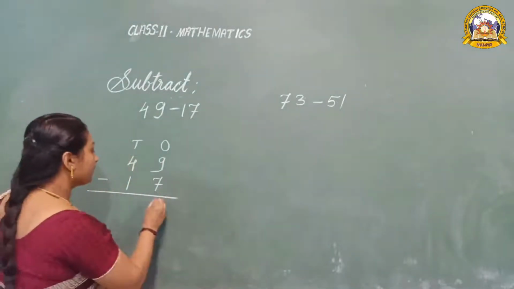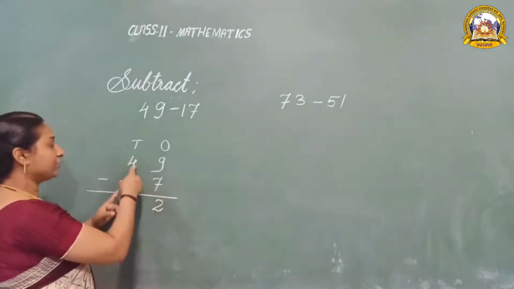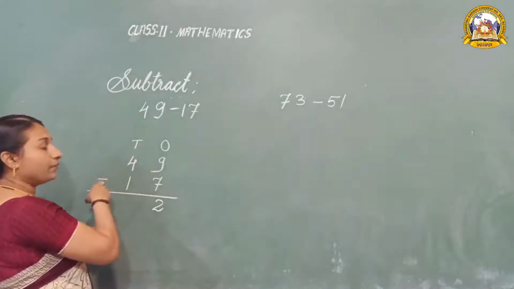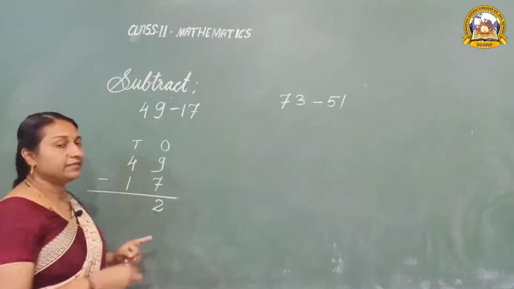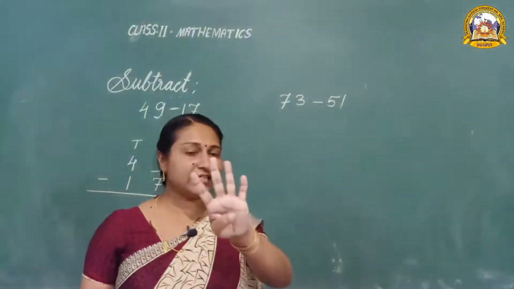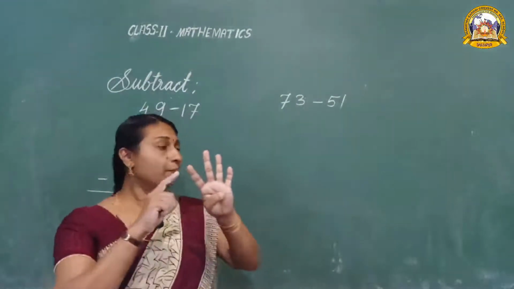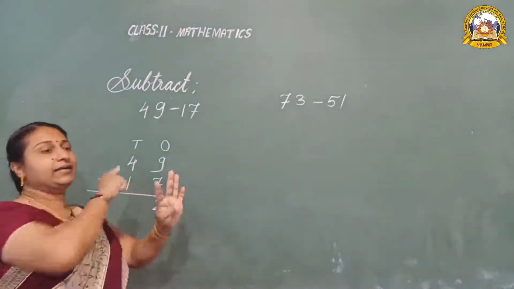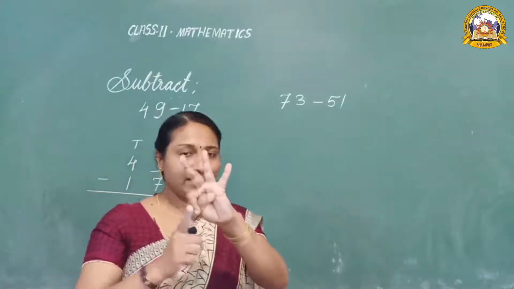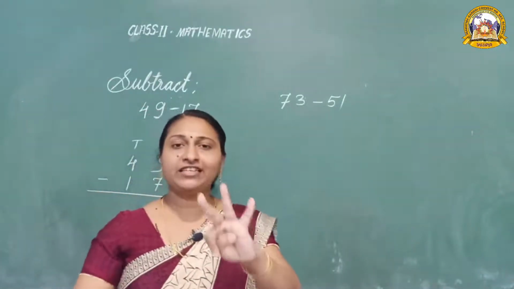Okay. 2. Next, 4 minus 1. 4 tens minus 1 ten. 4 minus 1. Take your 4 fingers. Yes. 4 minus 1. How many fingers are left there? Yes, 3 fingers.